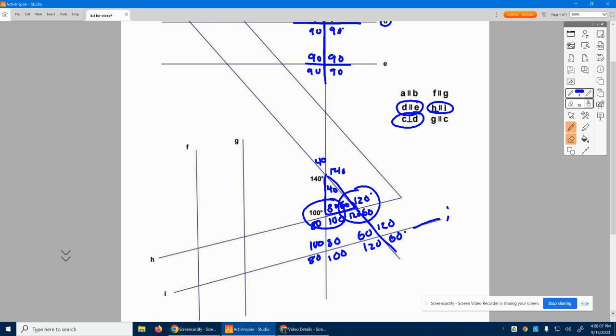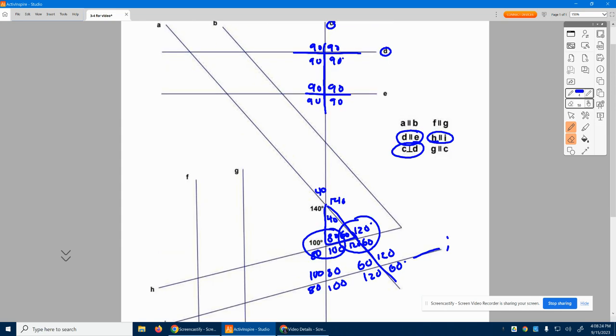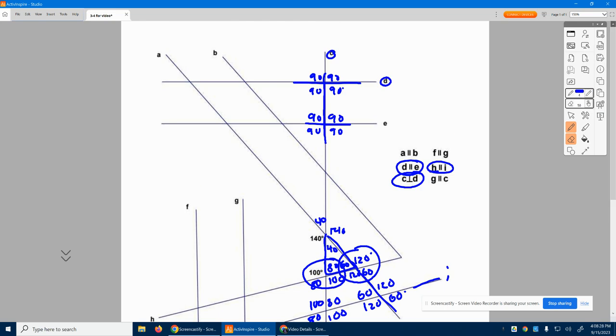Okay, so where am I going to go now? Well, what else do we know? Who else do we have that's parallel? I need to move up. Okay. So we have A and B are parallel.